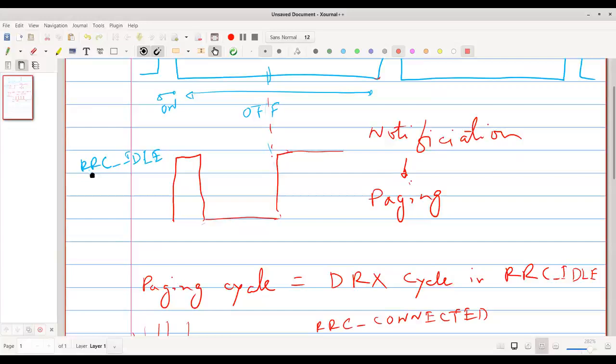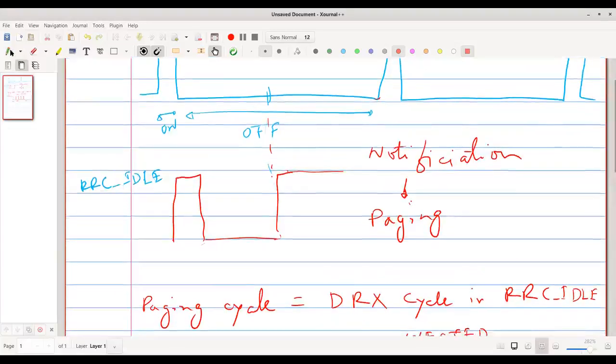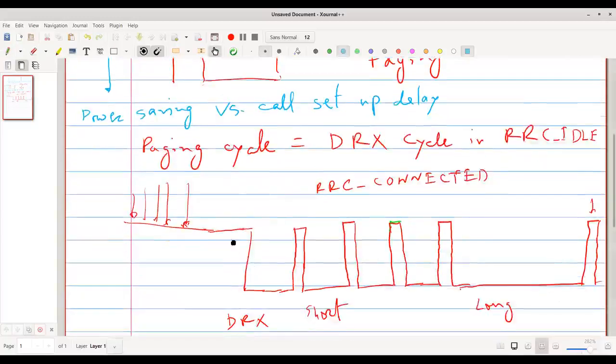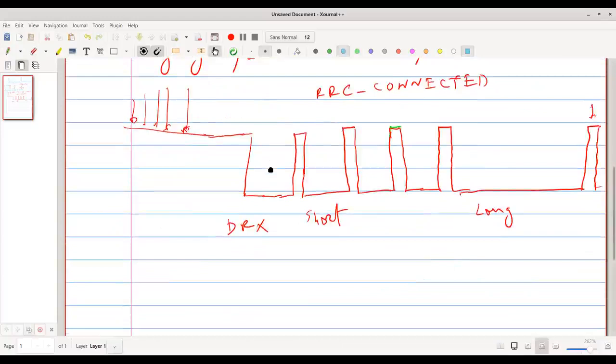In the case of idle state, the trade-off is between power saving versus call setup delay, because in idle state a new call may be set up, whether it is a data session or voice call or whatever. In general we are just calling it a call setup delay. But in RRC connected state, it's not call setup delay, it is packet transfer delay.